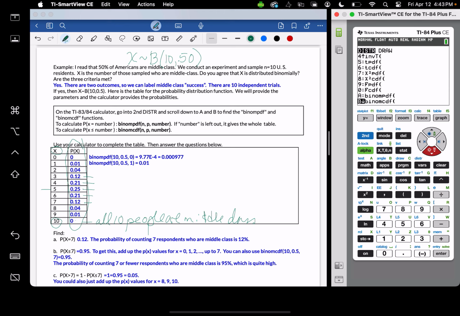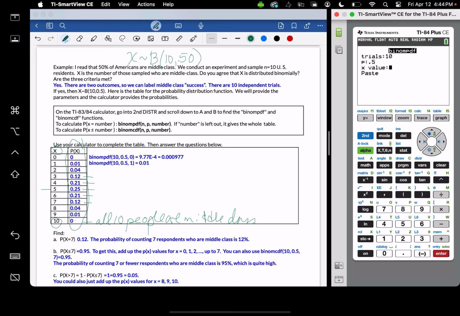Later I'll show you how to use the cumulative distribution function. But really pdf is all you need. So I'll hit enter. And we're doing 10 trials. The probability of success is 0.5. And so those are the 2 parameters for the distribution.